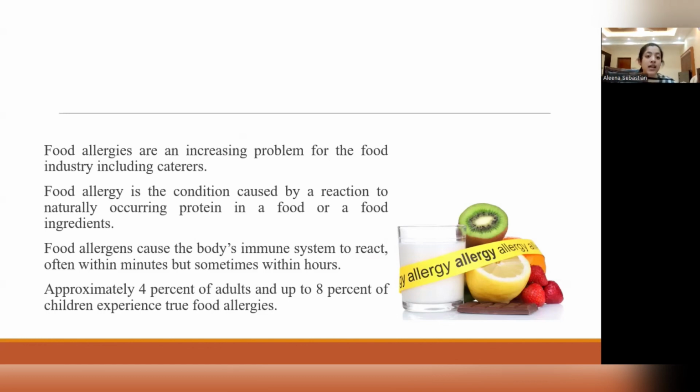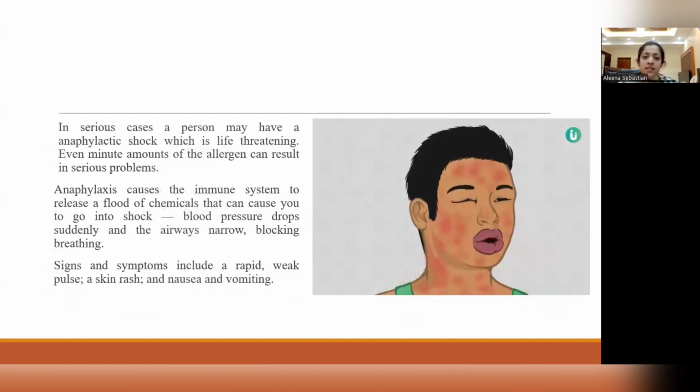Approximately 4% of adults and up to 8% of children experience food allergies. These are the serious issues of food allergy. It can even lead to anaphylaxis. So what is anaphylaxis? Anaphylaxis is a condition in which the immune system releases a flood of chemicals and the person can go into shock.